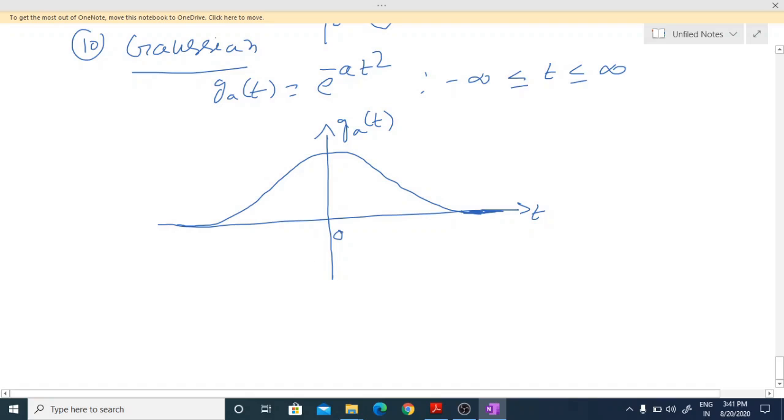At the center point the value is high, and if you move away from the center point the corresponding value will become 0.